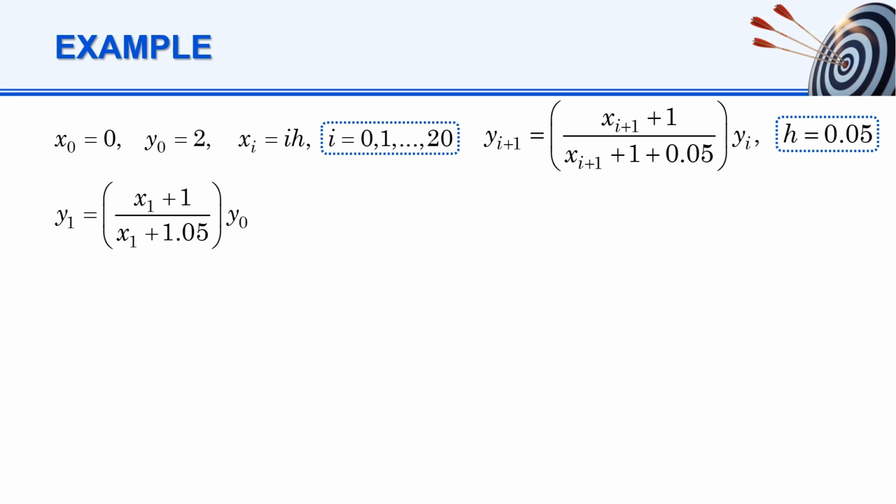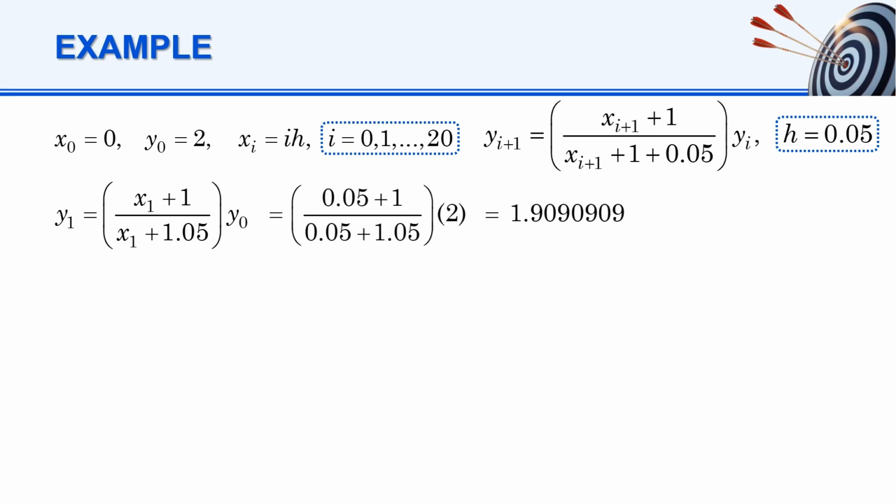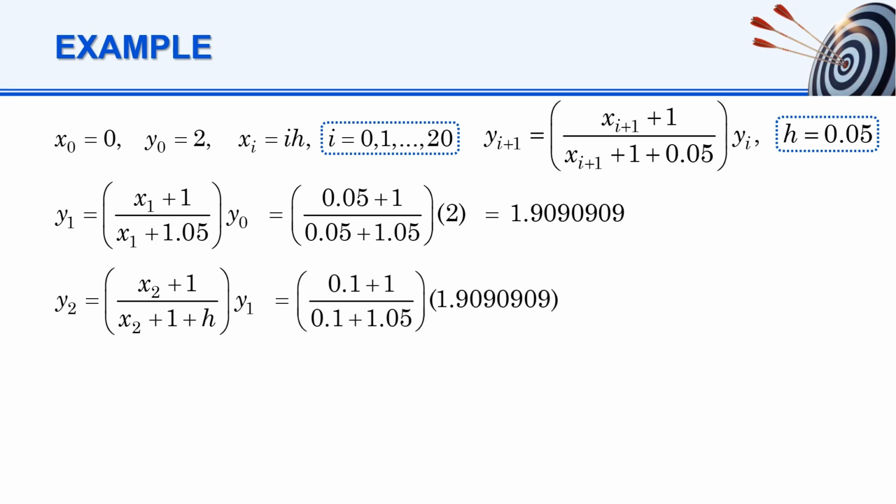Evaluating y_1 gives 1.99909, which corresponds to the estimate at x equals 0.05. Using the estimated value of y_1 and evaluating y_2 gives 1.826870. This is the estimate for x equals 0.1.